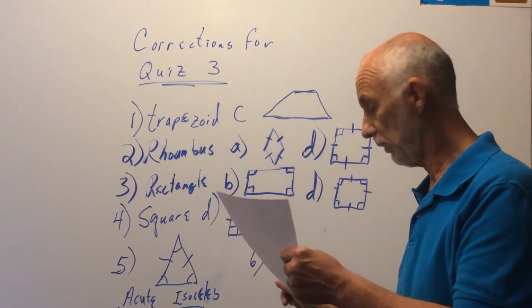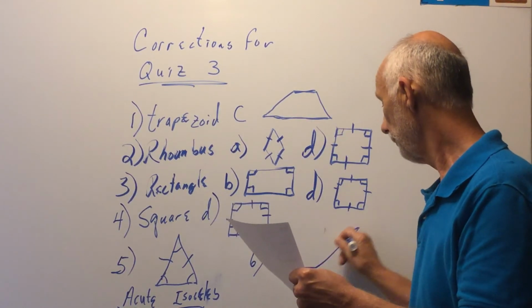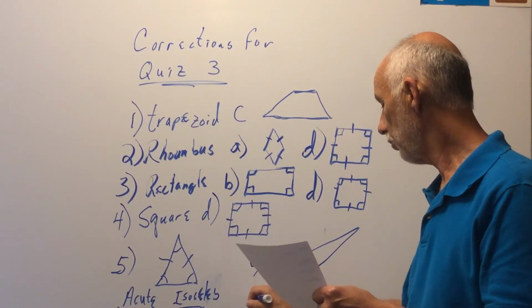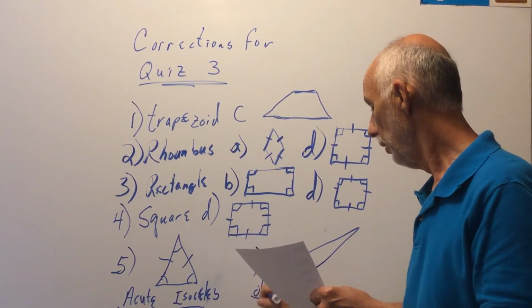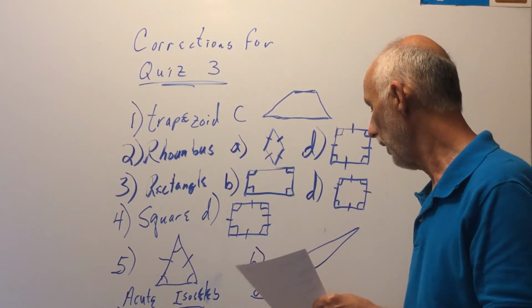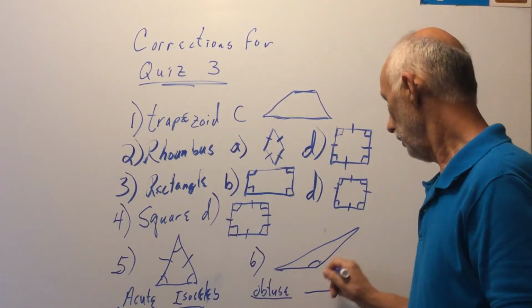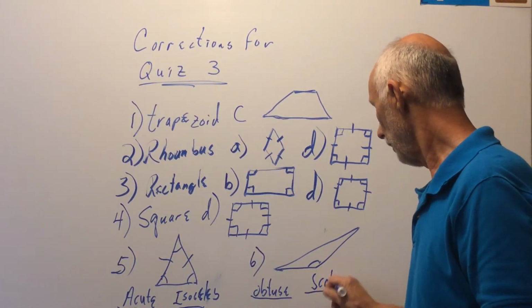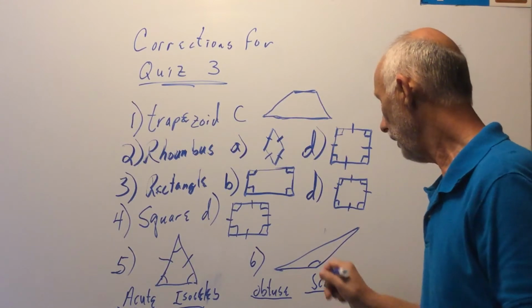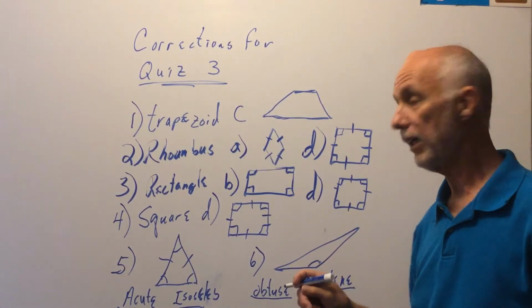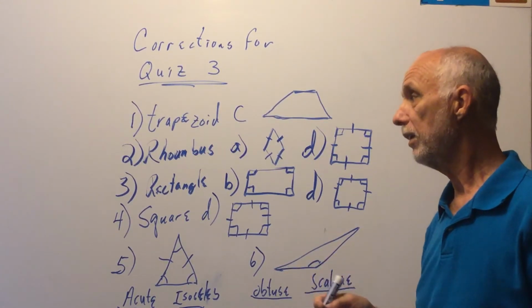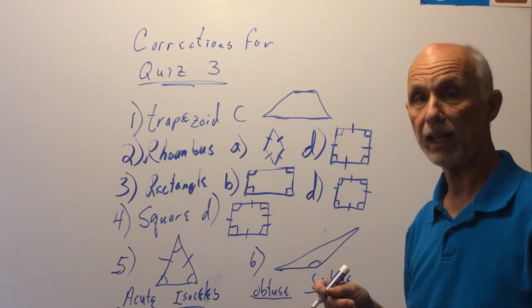And number 6 looked like this. And this one was an obtuse because it had one angle greater than 90, and it was also scalene because it had no sides congruent. And how did I know it had no sides congruent? Because there were no lines on any of the sides.